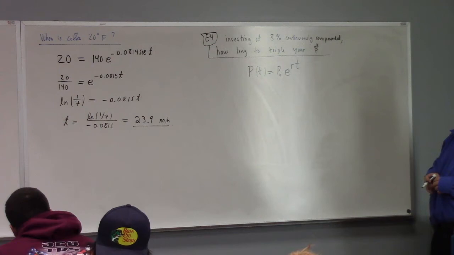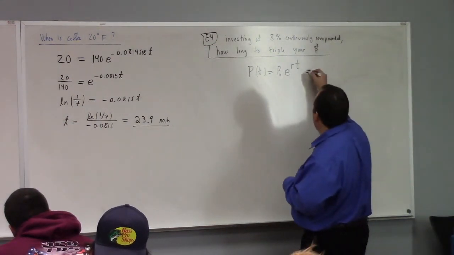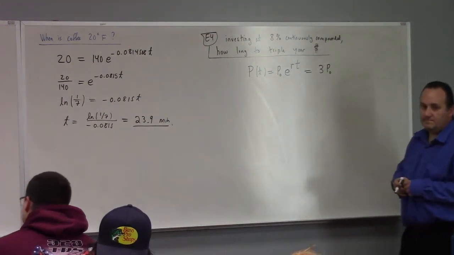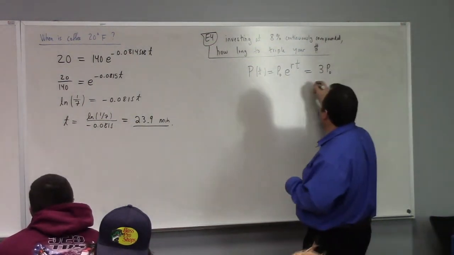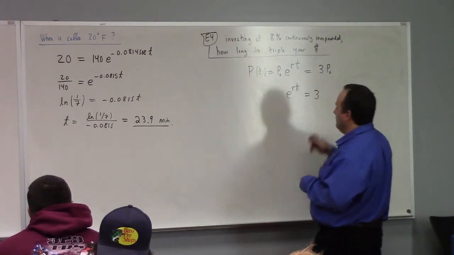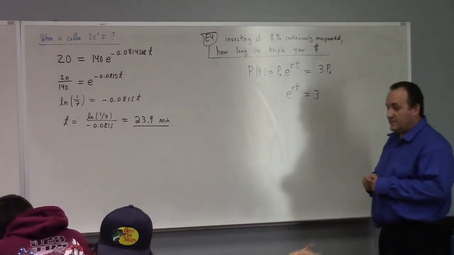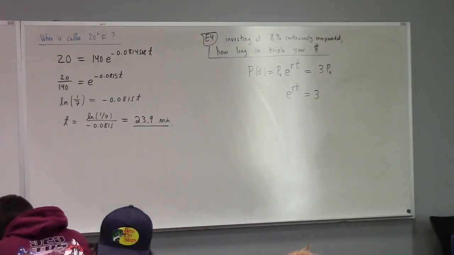Here, what are we looking for? We're looking for the time when you've got 3 times your initial money, right? P0 is your initial investment. That gives me e to the RT equals 3. An important thing to know is that when we say 8%, that is understood to be a yearly rate.